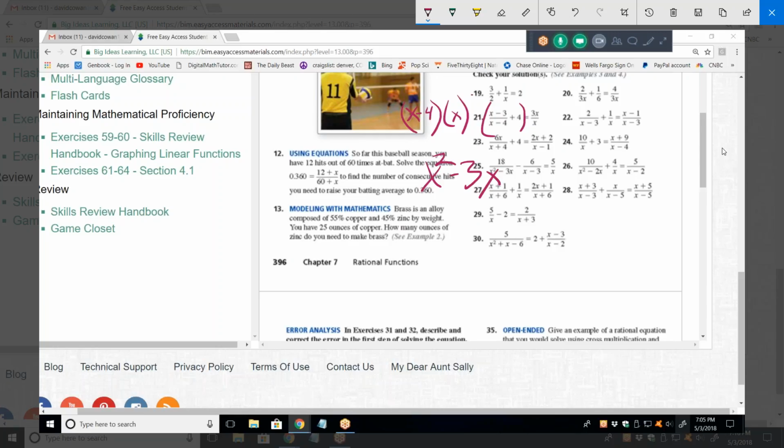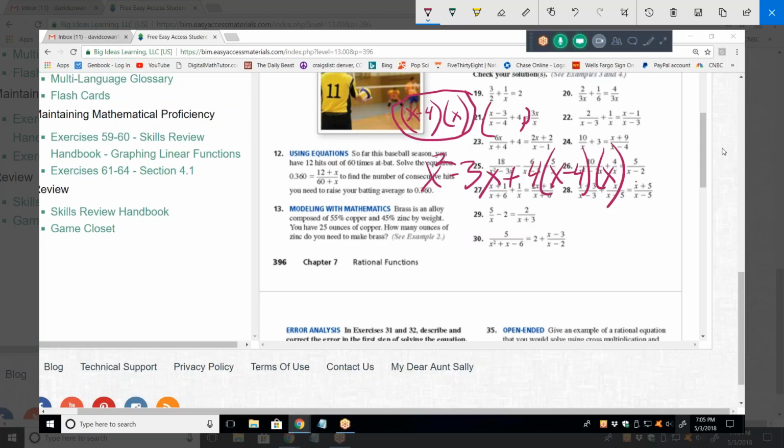But then I got to multiply all of that by 4. So, is that a negative 4? No, it's a plus 4. So, plus 4 times x minus 4 times x. So that's my left side.